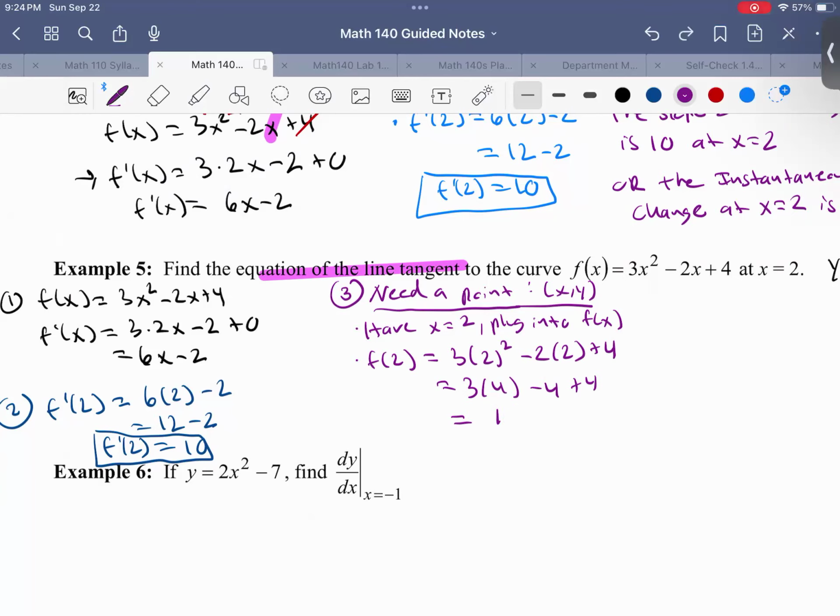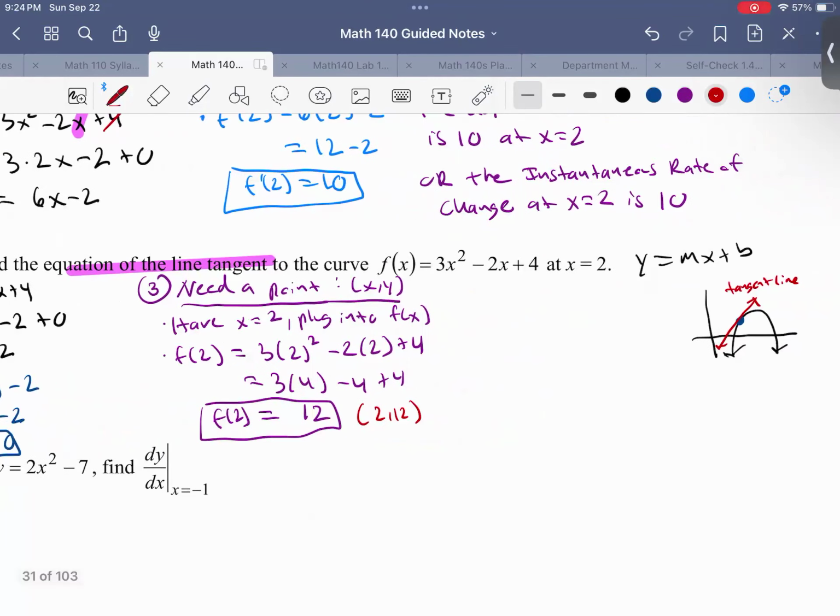Actually, no, it is 12. Sorry about that. So f of 2 equals 12, and that gives me a coordinate point 2 comma 12. Okay, so now I have a slope, I have a point. Now I could just use point slope formula to get my equation.